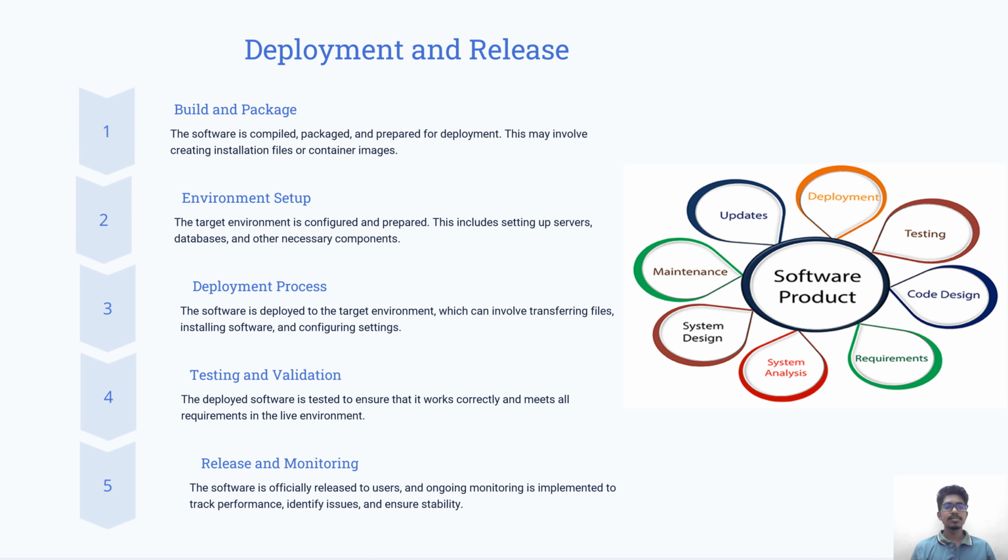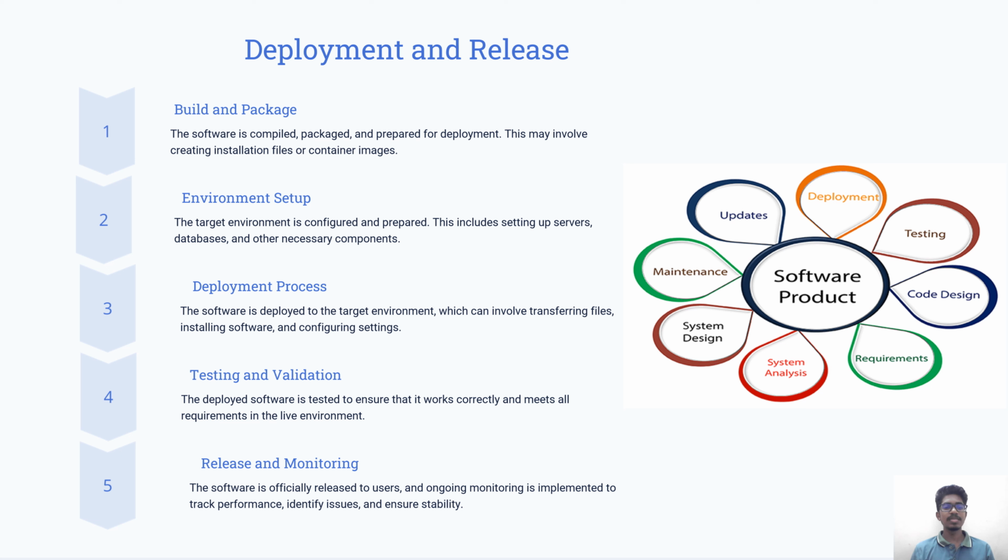Deployment and release. The build and package. The software is compiled, packaged, and prepared for deployment. This may involve creating installation files or container images. Environment setup. The target environment is configured and prepared. This includes setting up servers, databases, and other necessary components. Deployment process.